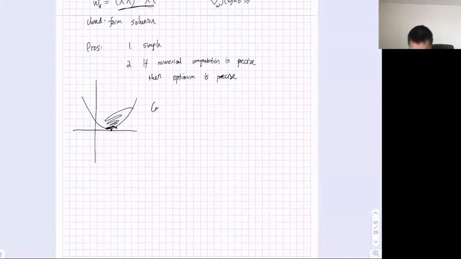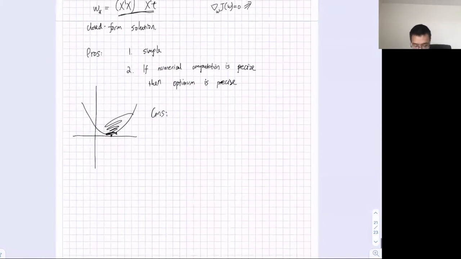But what are the drawbacks of the closed form solution? First, it may be numerically unstable, actually. Previously I said, if it's numerically precise, then the optimum is precise. But in reality, it may not be precise.